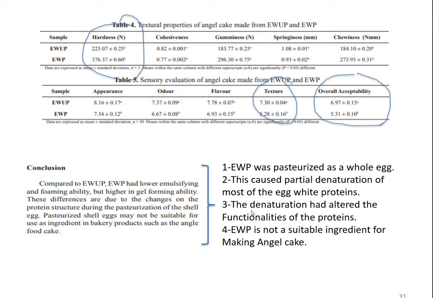This denaturation causes alteration in the functionalities of the proteins. As food technologists, we want the protein to be undenatured, to be native, before we can use it in cake. Therefore, the main conclusion was that EWP is not a suitable ingredient for making angel cake.